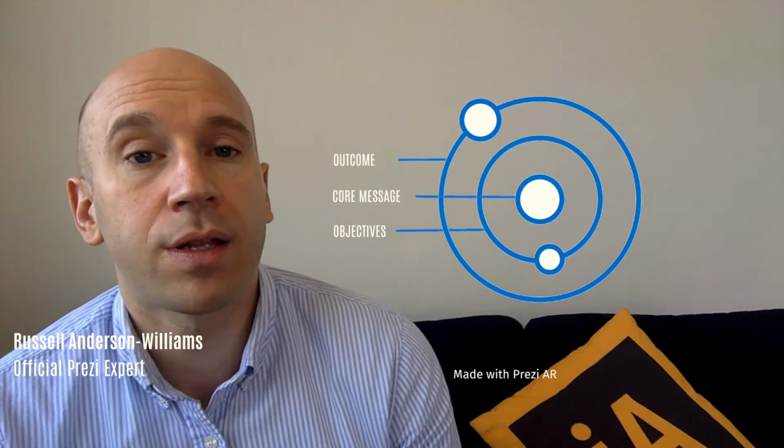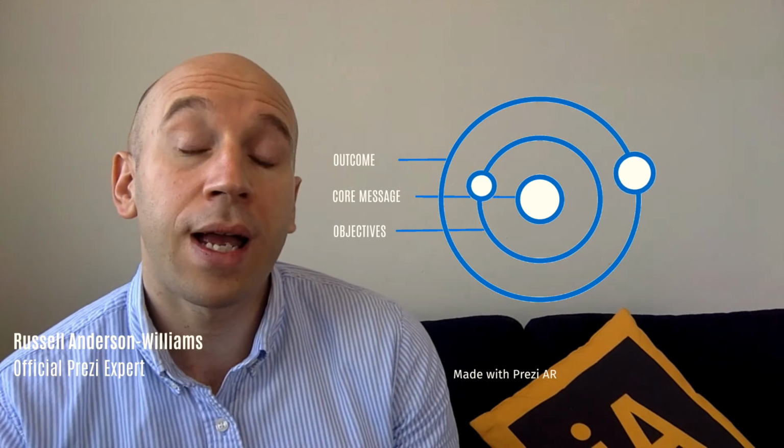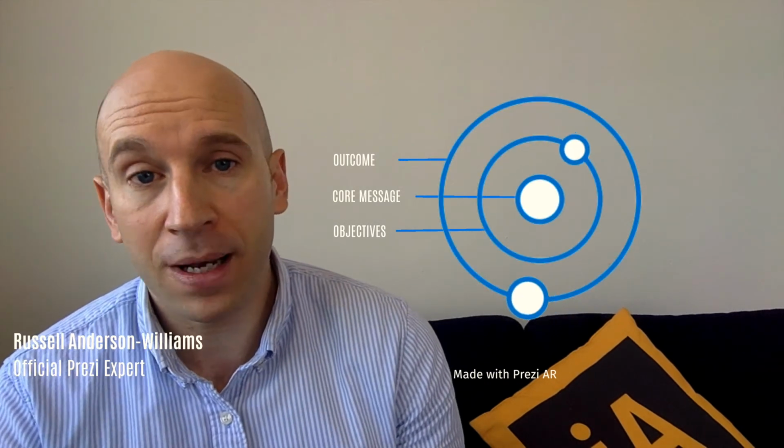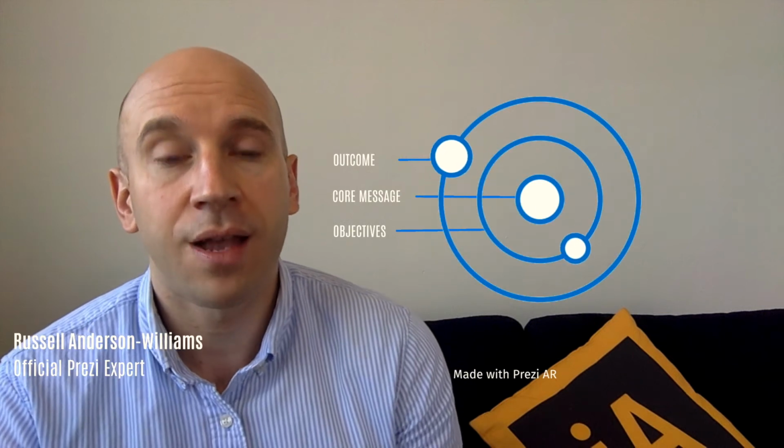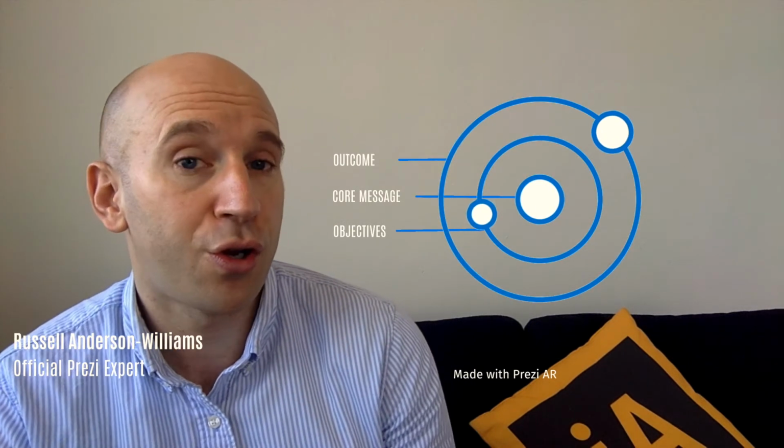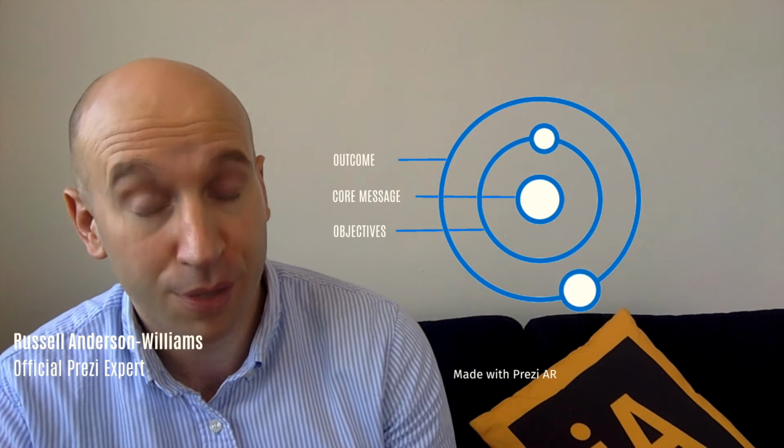So core message first, then circling outside of that, your objectives, and then of course the final object outside of the core message area, which is your presentation outcome. Make sure that you do those, and I guarantee you that having those in place will enable you to see what not many people can see at all these days, and that's a solid return on investment for your presentation.